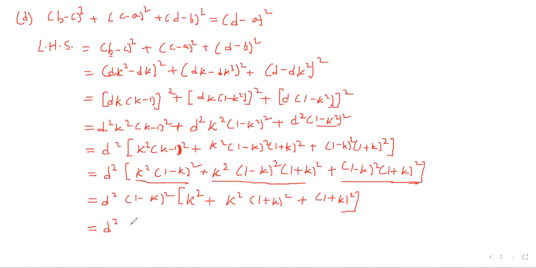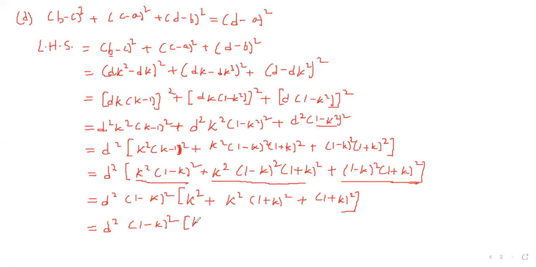So again it is d square into (1 minus k) whole square into the bracket.